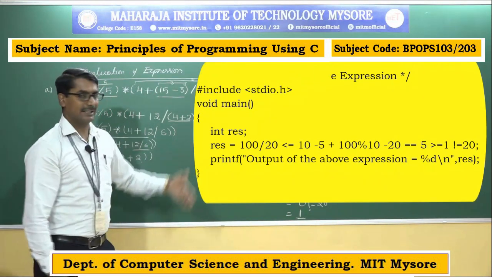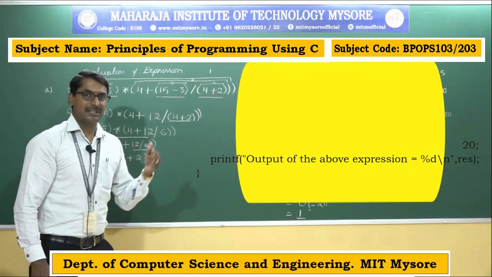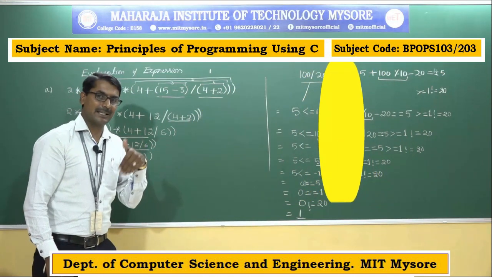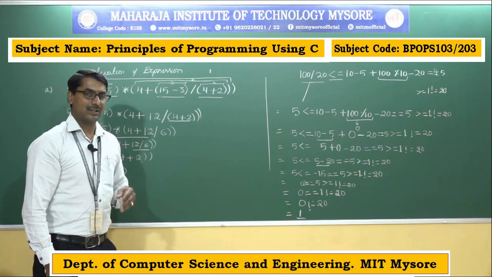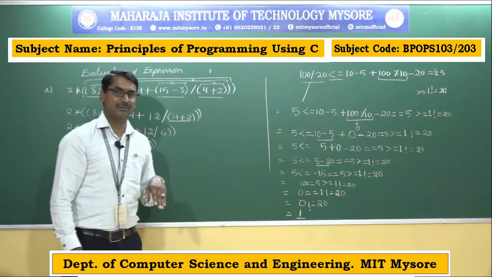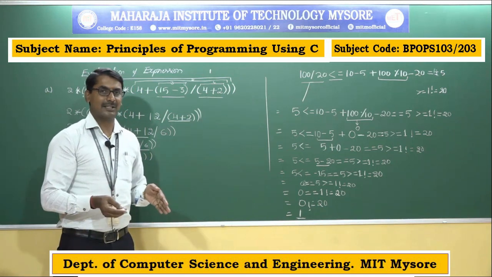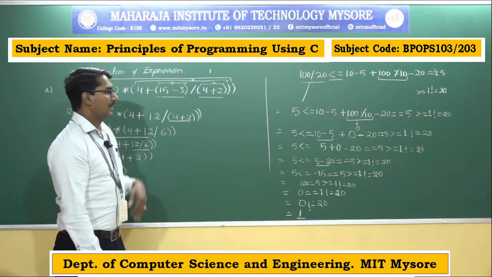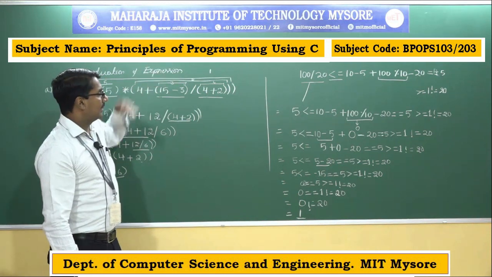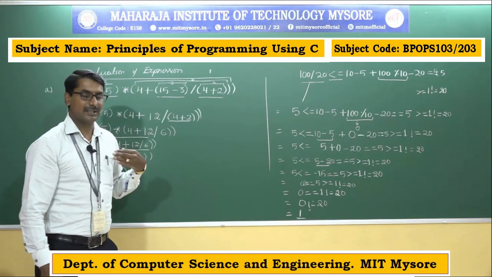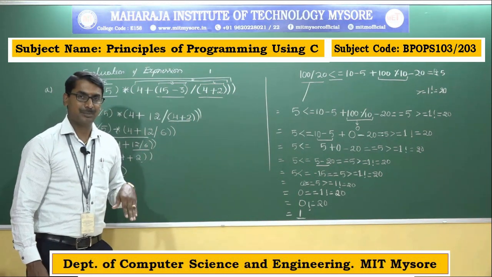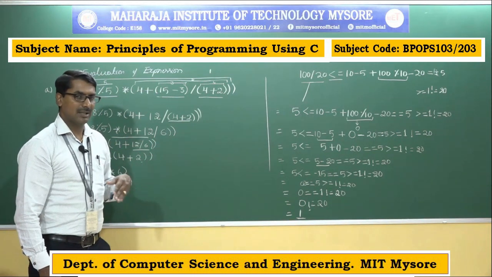The highest precedence is for the expression present inside the brackets. The innermost expression gets the highest priority, and the outer expression gets the lowest. After evaluating the innermost expression, the next expression is evaluated based on the priority of the operator.